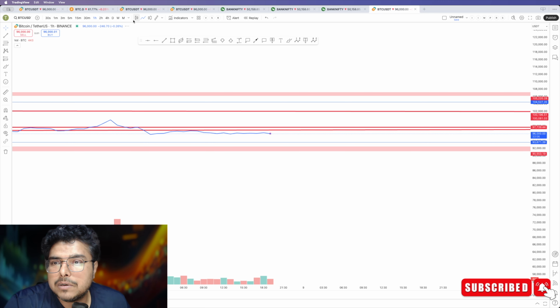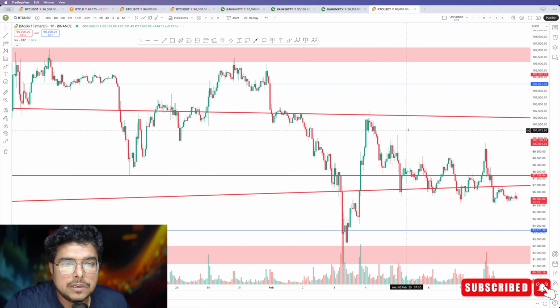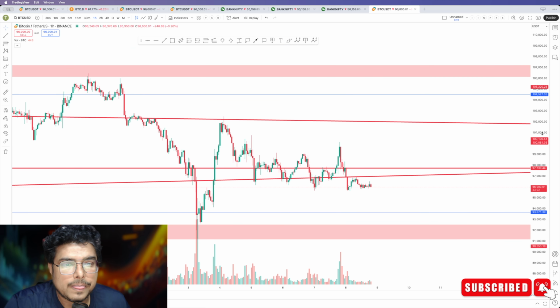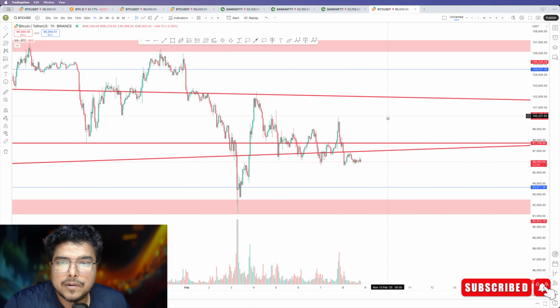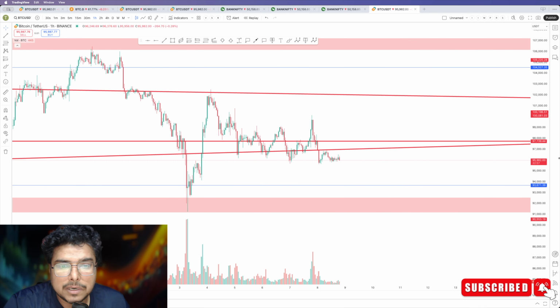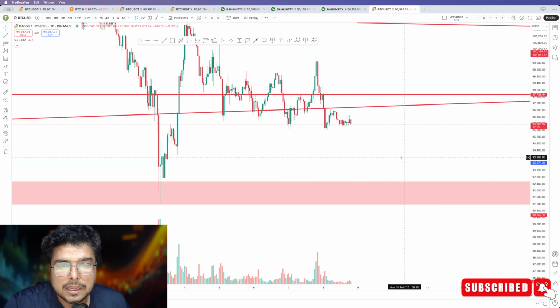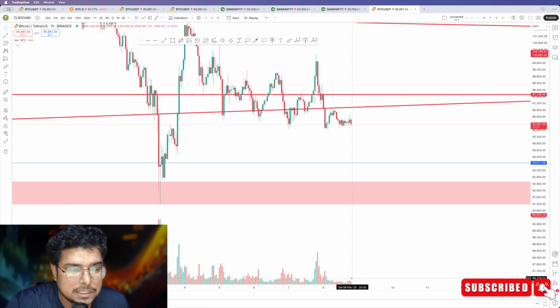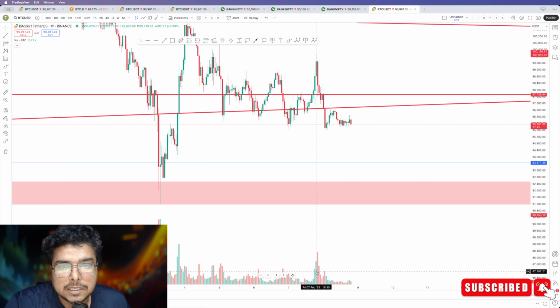Let's go to the hourly chart. The hourly chart definitely looks negative, a lot of lower lows, but look at these candles and the volume. These are nothing. Obviously, it is Saturday, Sunday. That is the reason.